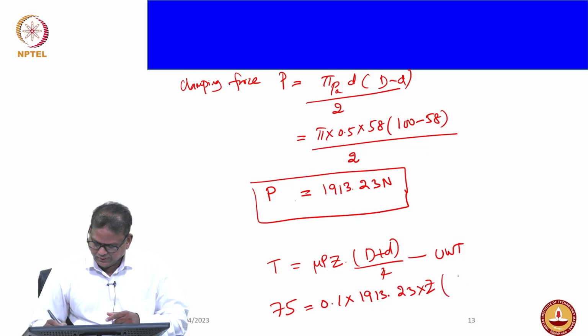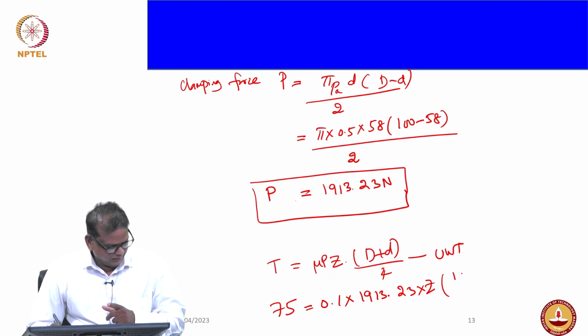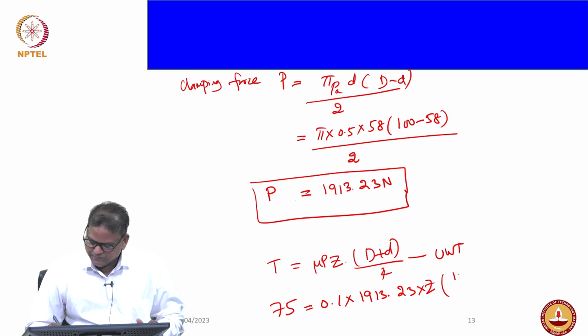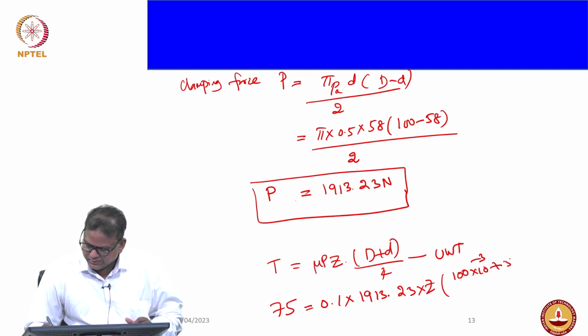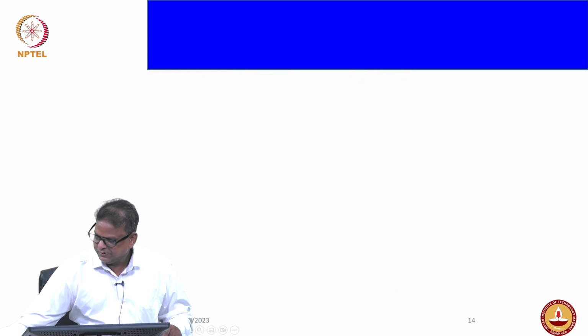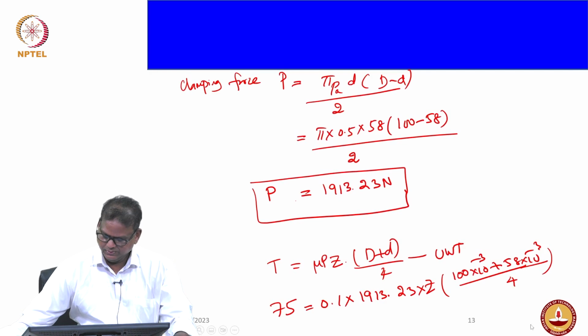You have to be very careful here: use meter for all. So 100 into 10 power minus 3 plus 58 into 10 power minus 3, by 4. Substitute all the values and find the Z value.